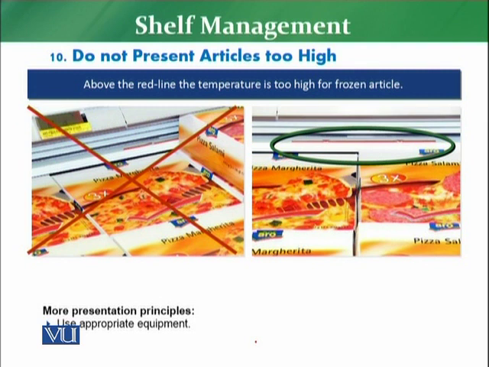Another example of do not present articles too high: above the red line, the temperature is too high for frozen articles. This example is especially about frozen articles. If you visit a store, you must have observed the chest freezer, where there is a red line. That red line depicts that above it the temperature would be high, because in the freezer you have to maintain a set temperature in order to sustain the quality of the product.